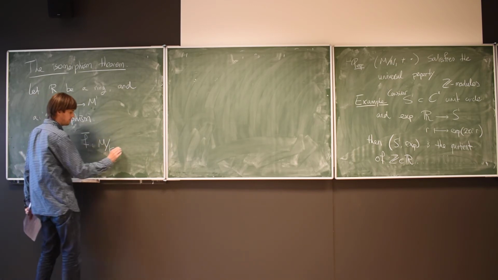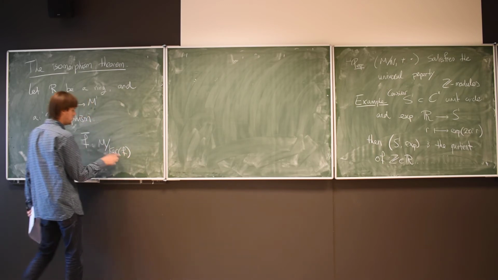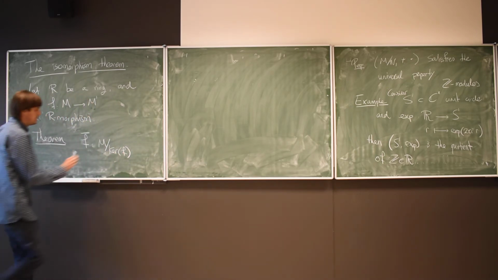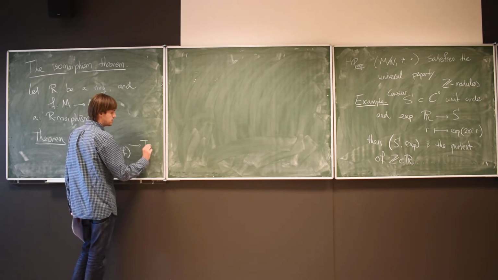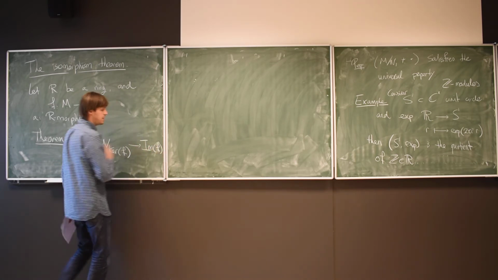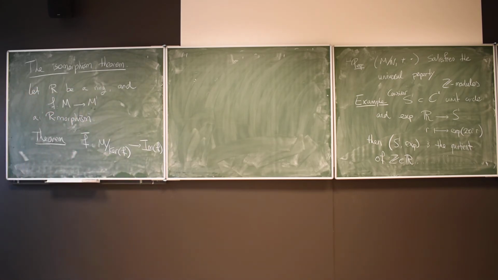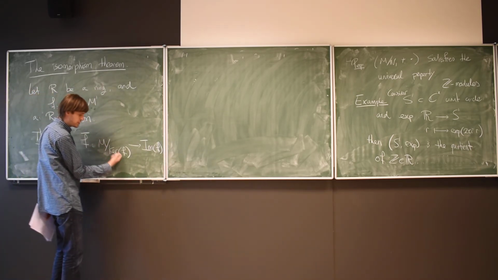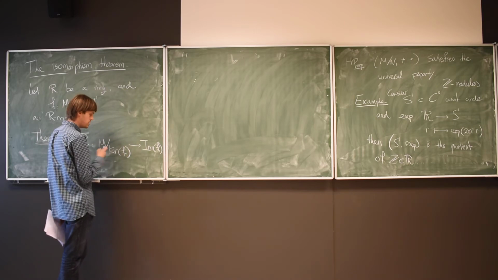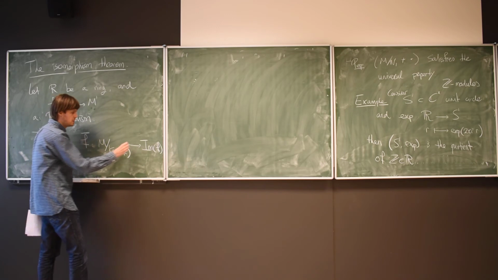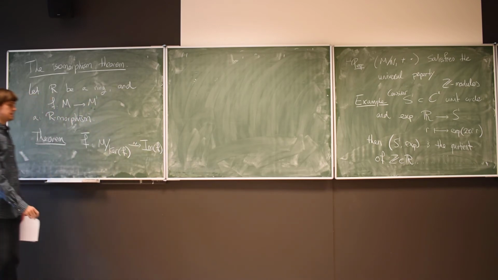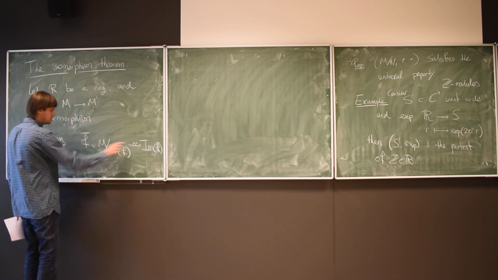Right, so I get an f bar coming from M modulo the kernel, and what it will hit will still be the same as the image of f. And the point is, since I've modded out by everything that's going to 0, this new map will have a trivial kernel. So the theorem is saying that this induced mapping is an isomorphism of R modules.